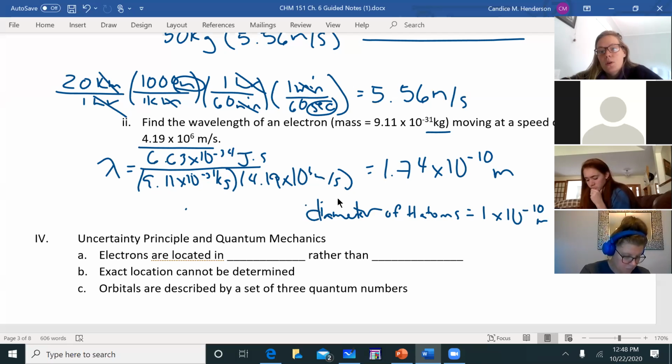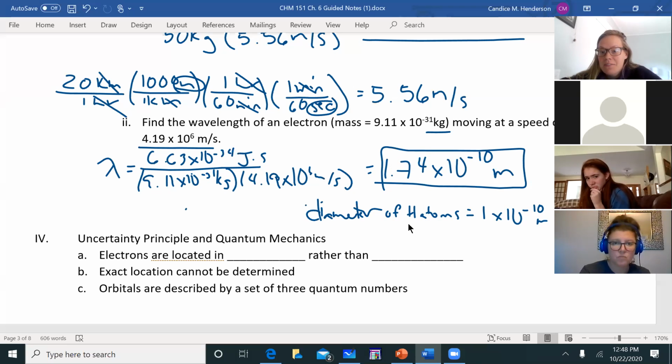So this wave behavior of an electron is actually broader or wider than the diameter of a hydrogen atom. So what this is saying is that we actually don't really know where the electron is in the atom itself.